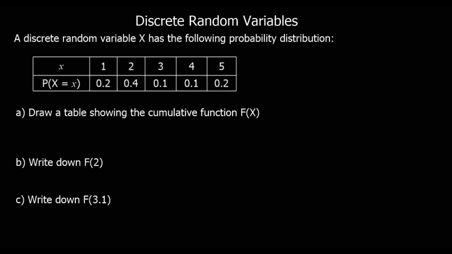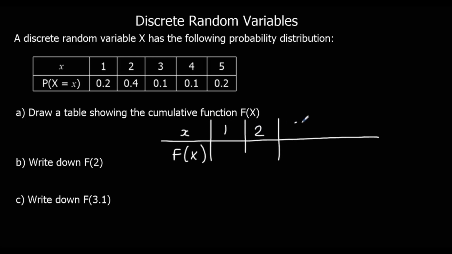Okay, here's a different question. Pause the video, give this one a go, and press play when you're ready to go through. So we're going to have the cumulative function with a capital F and an x. And x can take the values of 1, 2, 3, 4, and 5.